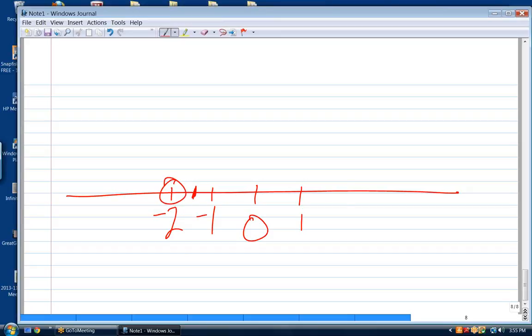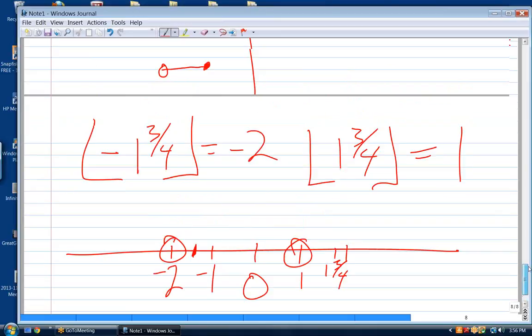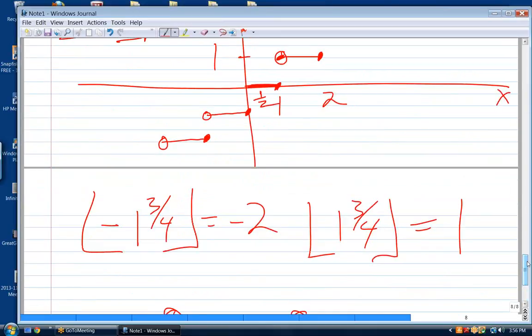If I'm up here at 1 3/4, the number to the left of it is 1. So the greatest integer function of 1 3/4 is 1, but the greatest integer function of -1 3/4 is -2. And that is reflected by that curve right there.